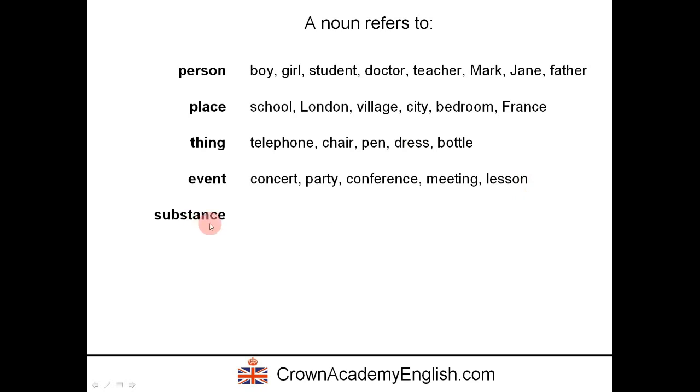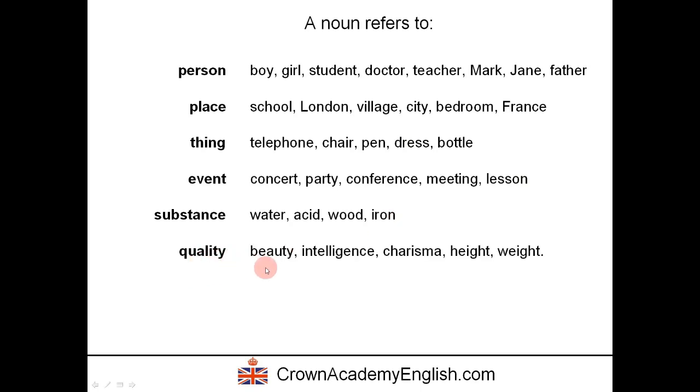Or even a substance: water, acid, wood, iron. Or a quality: beauty, intelligence, charisma, height, weight. Okay, so these are all examples of what a noun refers to.